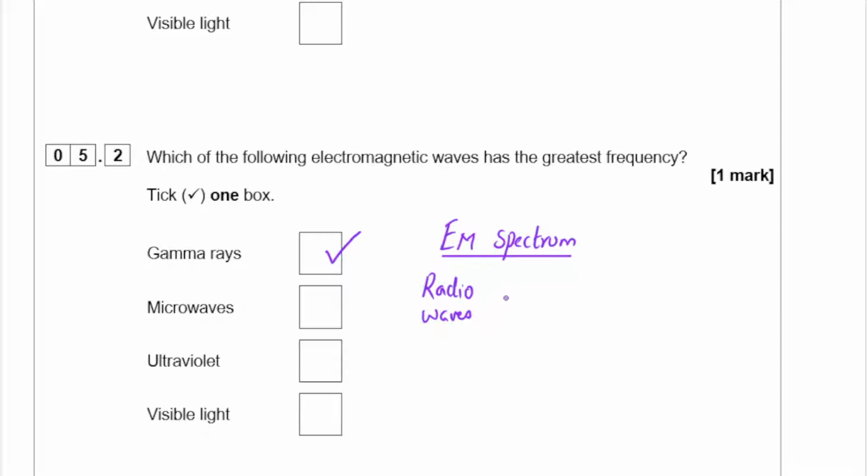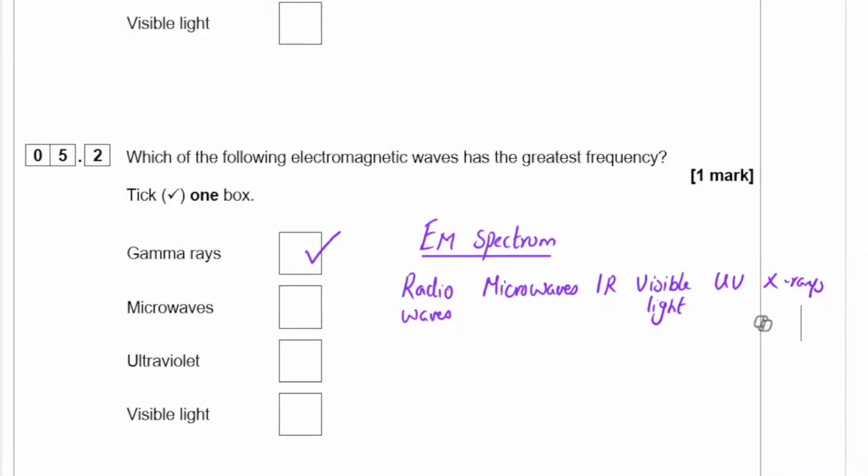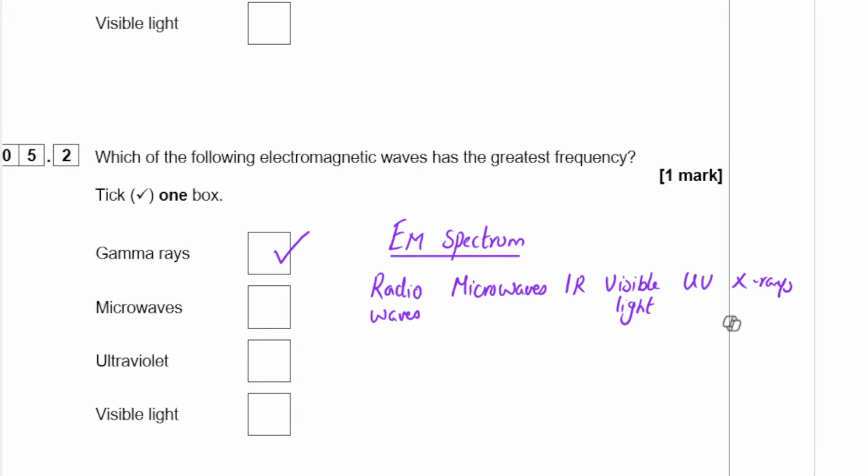So microwaves, then infrared, visible light, then ultraviolet, X-rays, and then finally, if I scroll this a little bit to the side, that will be gamma.